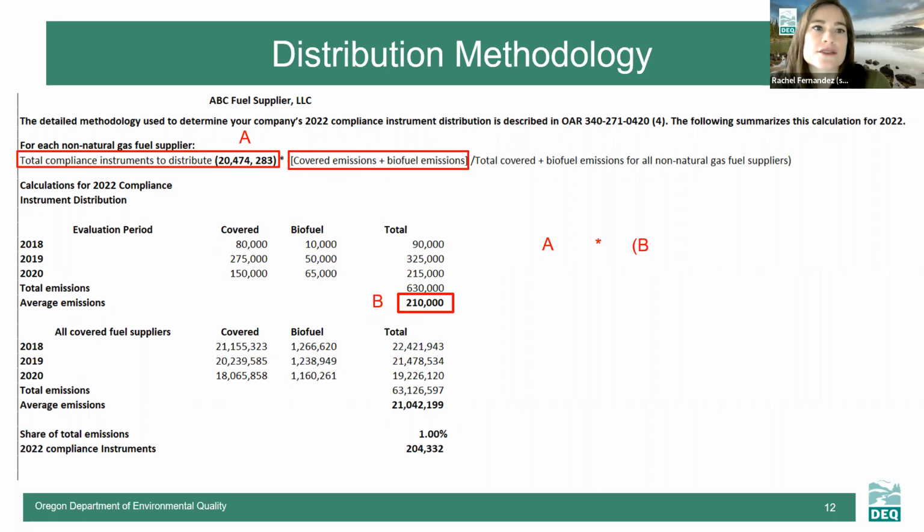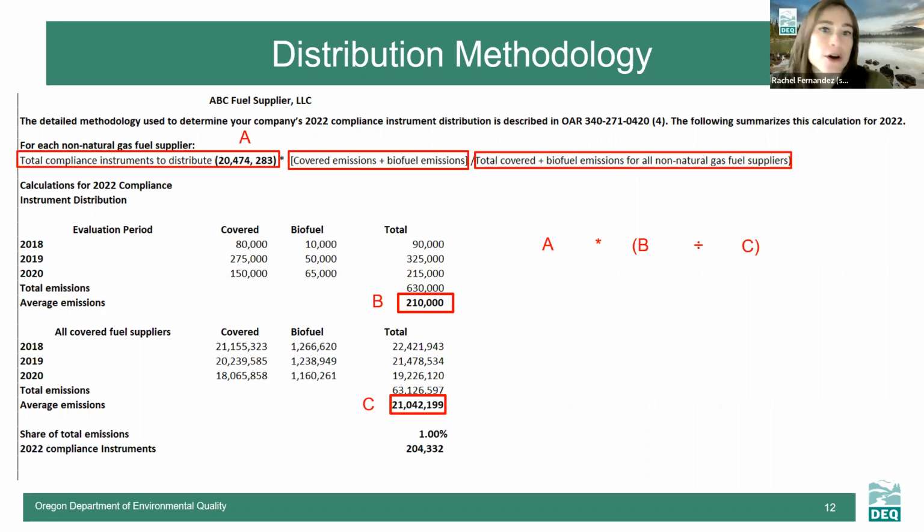According to the rule, we took the total compliance instruments, which I mentioned before was 20.4 million. We multiplied by the average of the covered emissions and biofuel emissions, as you can see, and then divided that number by the total for all covered fuel suppliers, total covered and biofuel emissions.